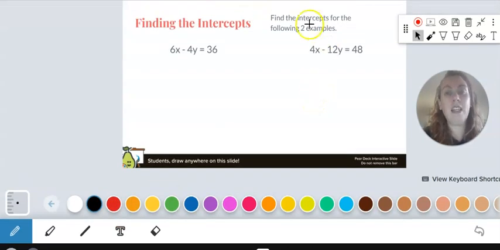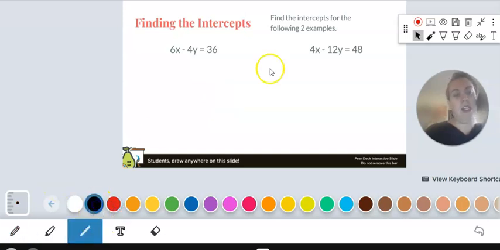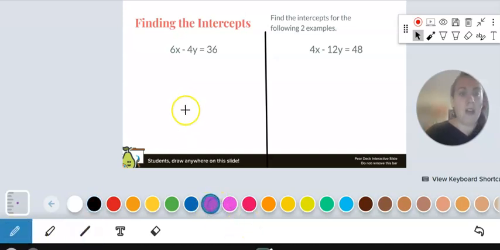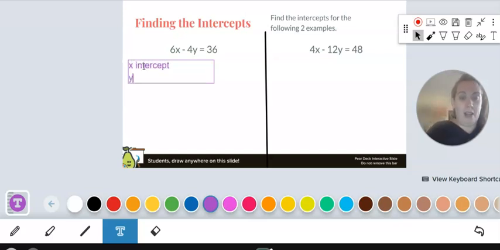Our grand finale, find the intercepts for the following two examples. Okay. So I'm just going to draw a line down the middle of the screen to keep myself organized, if you want to do that. If we wanted to find our x-intercepts, we set y equal to 0. Remember.